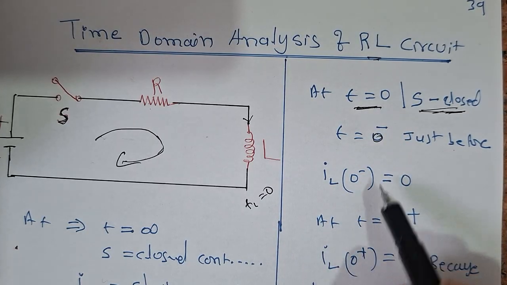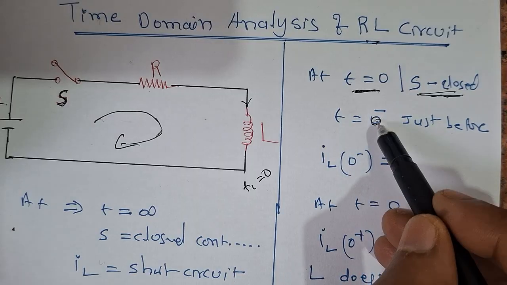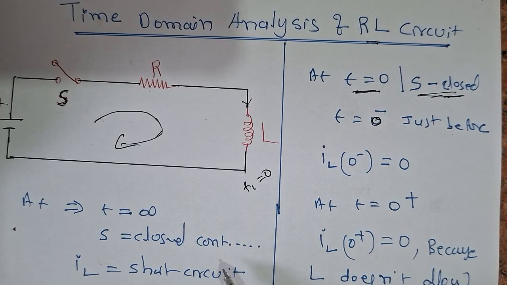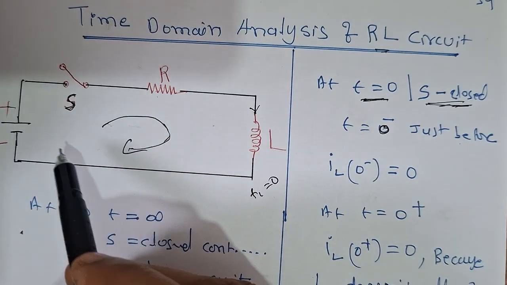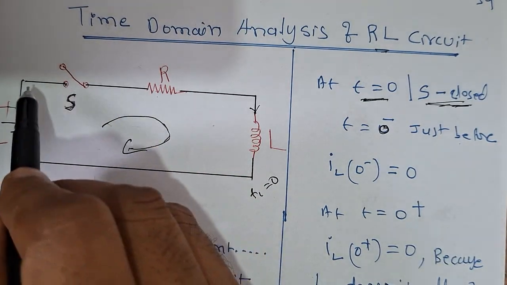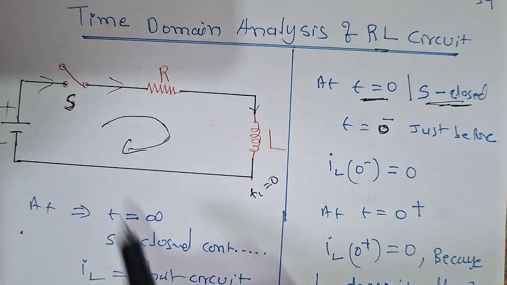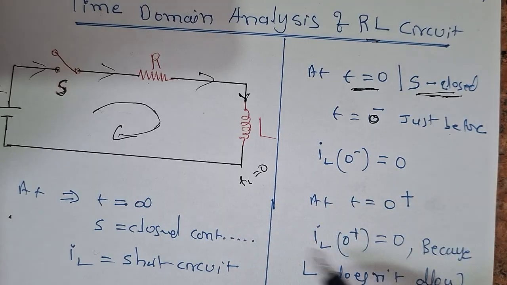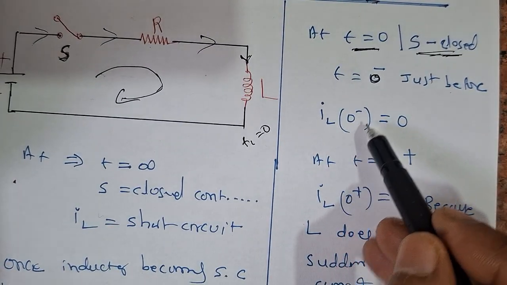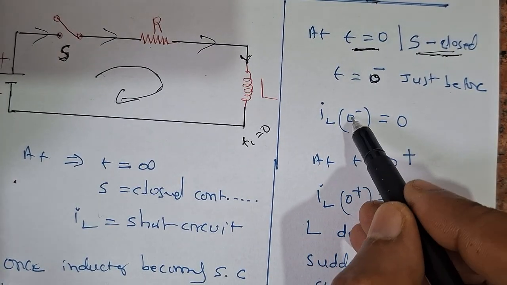Then at t equal to 0 minus, nothing but just before closing the switch, it is an open circuit, so obviously the current is also 0. So IL at 0 minus is 0.